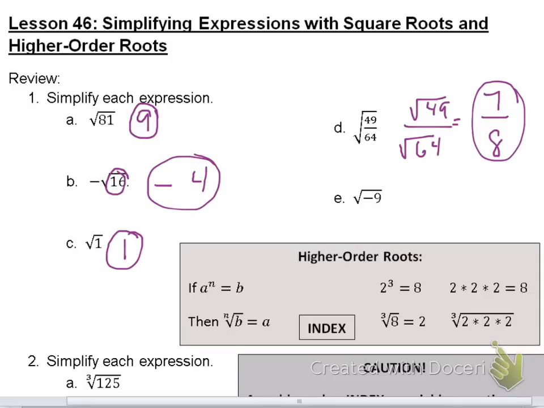So in this example, the square root of negative 9, we're assuming it's squared. But if we have an even number, we can't do negative 3 times negative 3 and get negative 9. That doesn't work because a negative times a negative is a positive. So there is no solution to this problem because it's impossible.